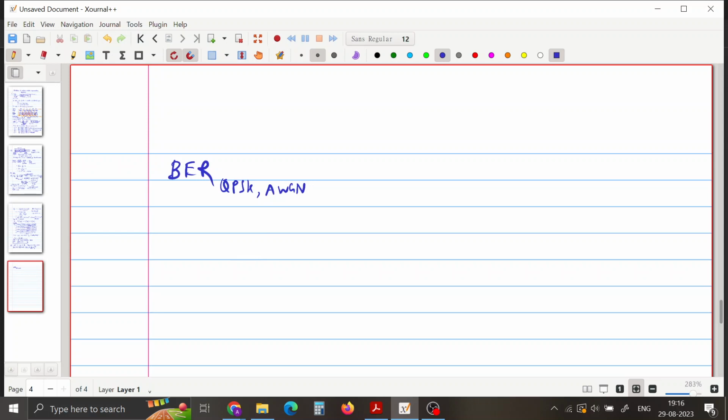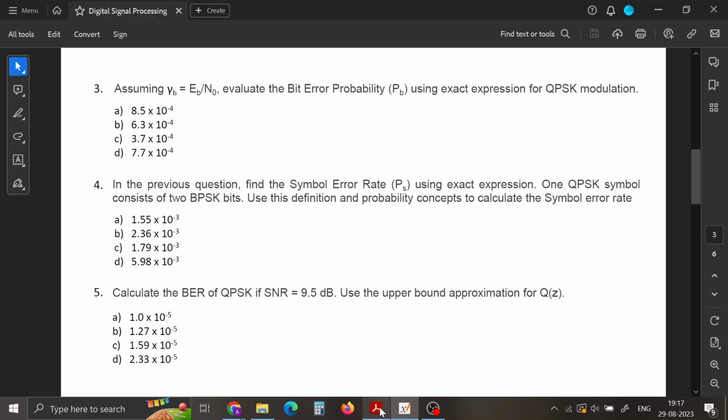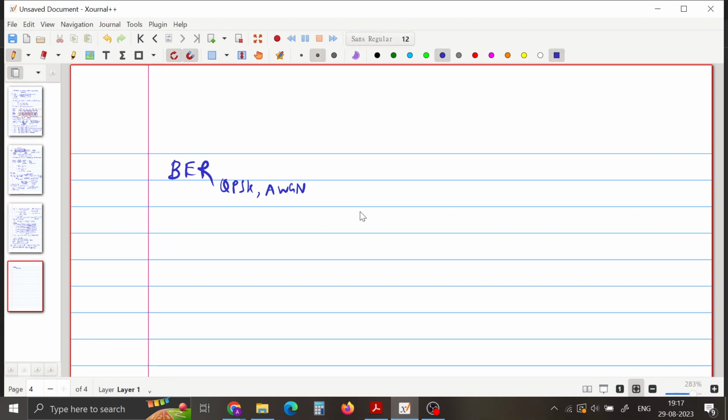So the bit error rate for QPSK in AWGN. The setting is QPSK and AWGN because there is no fading, it's not mentioned. This is given by Q of square root of twice your SNR, your gamma, correct?